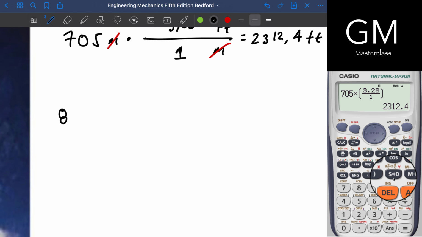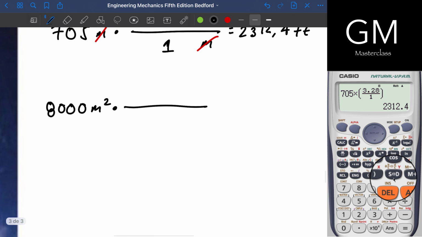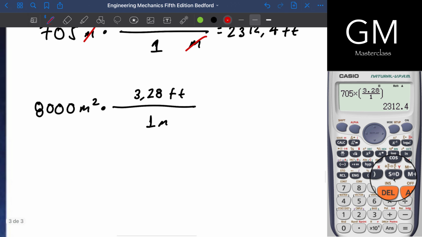And we're going to do the same thing with the area, because we're going to talk about square meters, but it's actually the same thing. 1 meter is equal to 3.28 feet. But the only difference, and this is pretty important, is that we have to notice the power of the units that we are converting from.